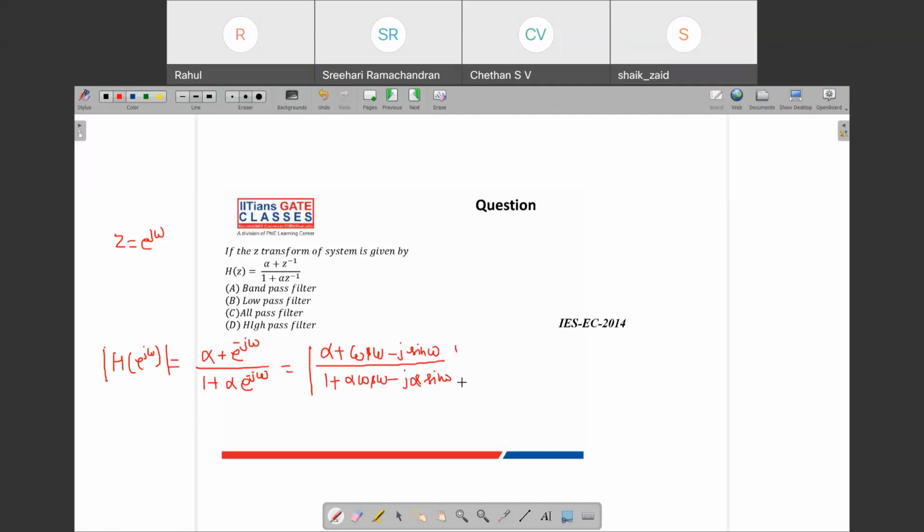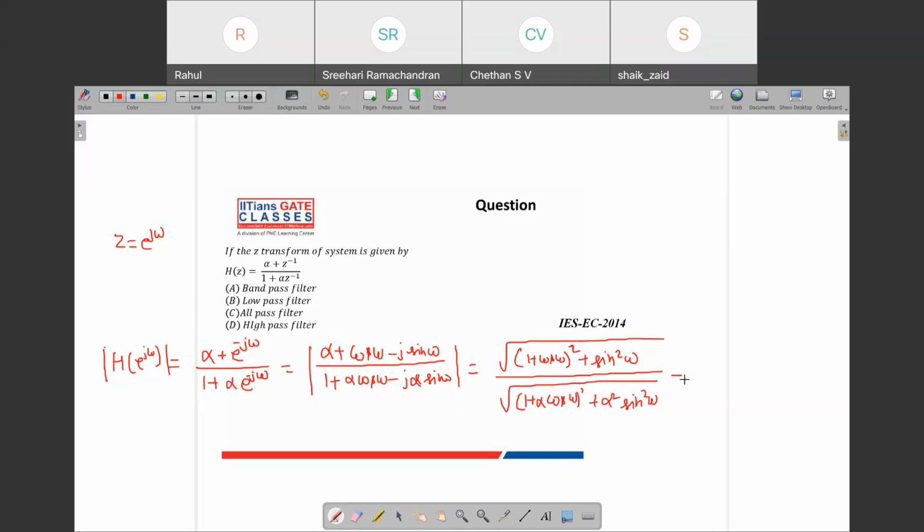Now let's take the magnitude. It will become under root of 1 plus cos omega squared plus sine square omega, divided by under root of 1 plus alpha cos omega squared plus alpha square sine square omega.